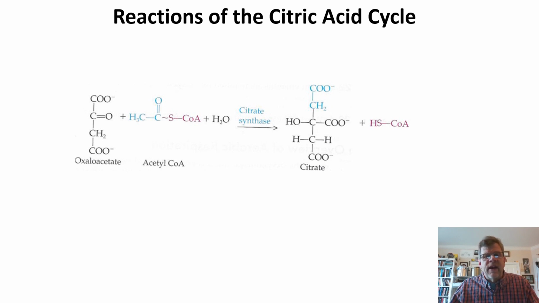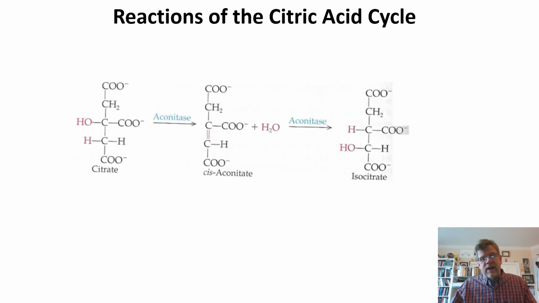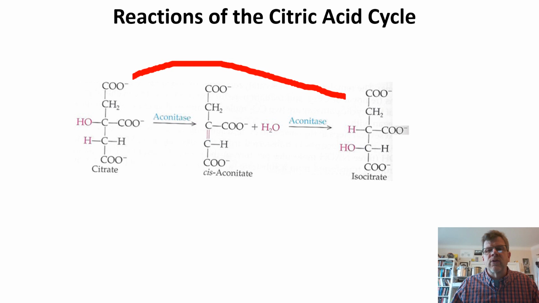This citrate, now where that citrate is over on the left-hand side in the reactant profile, and we'll look towards the product. This citrate now undergoes an isomerization to form a constitutional isomer. Essentially, what we're doing is we're just moving this hydroxyl group over 1 carbon.